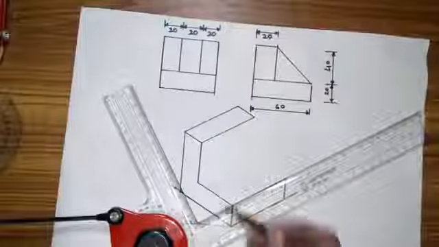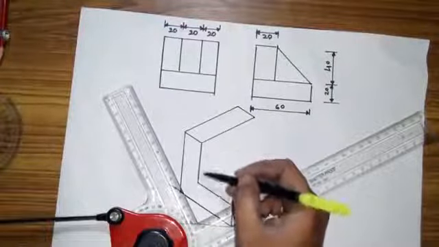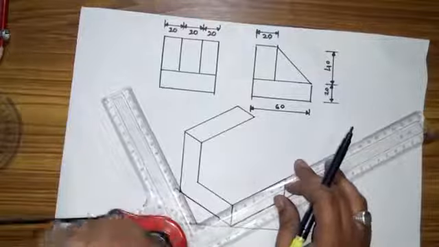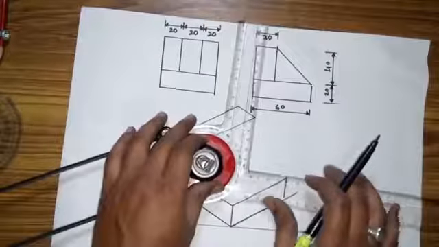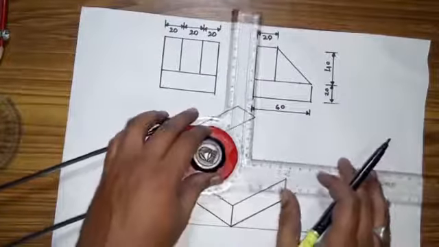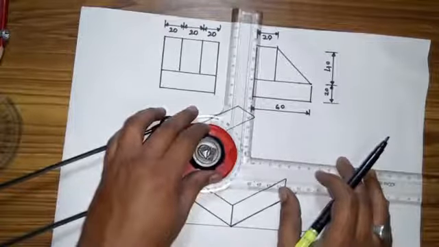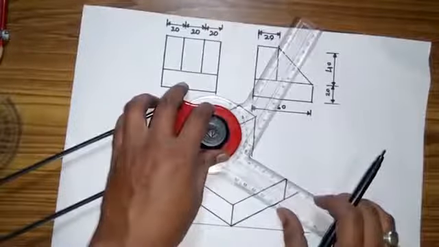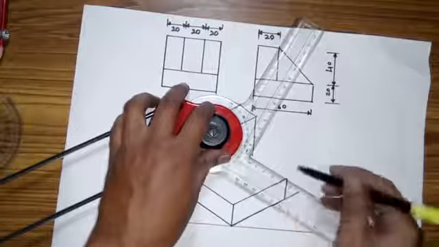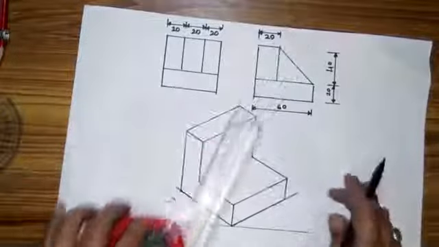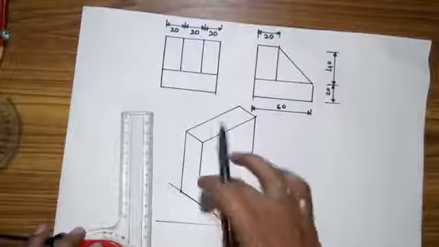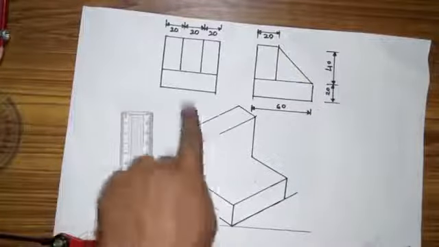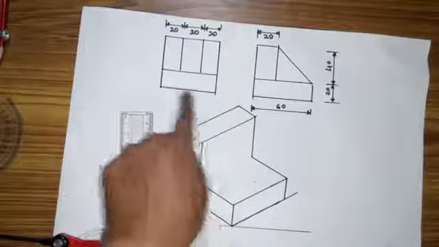How much is this line? 40 mm. So I will draw a parallel line of 40 mm with the help of this line only. And here I will draw the remaining line like this. Same distance as that.